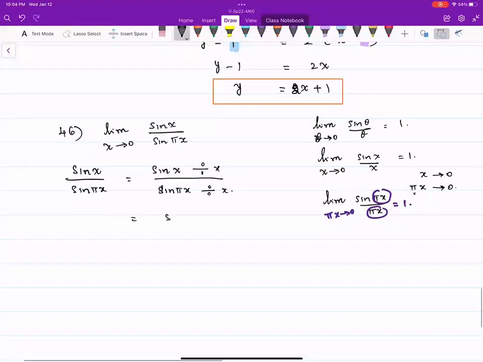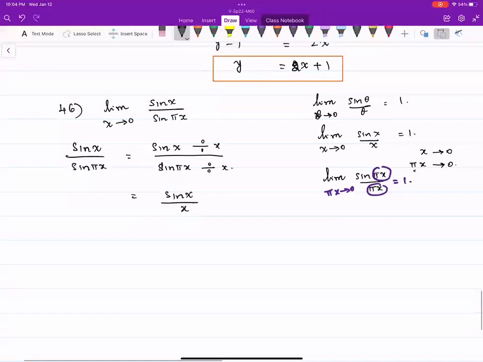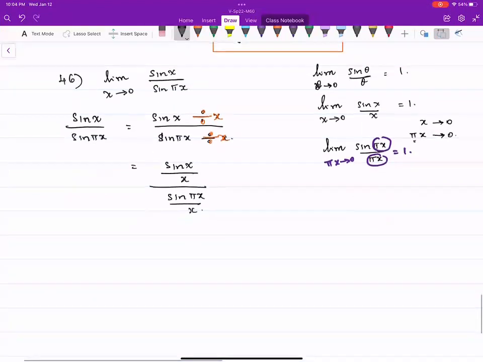So I'll have sine x over x on the numerator. I'm dividing the numerator and the denominator by the same quantity, divided by sine pi x over x, correct?